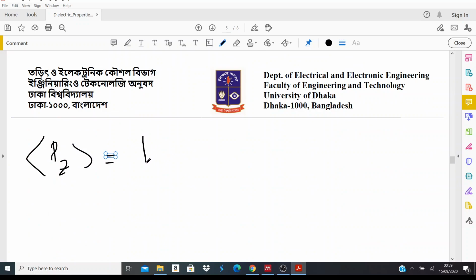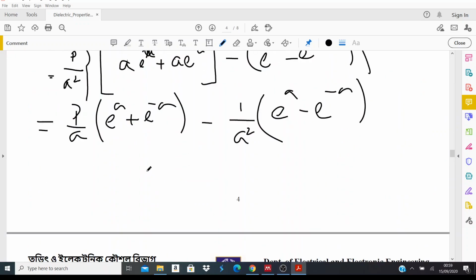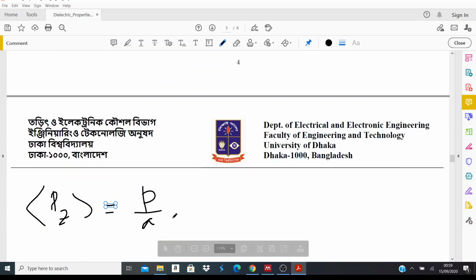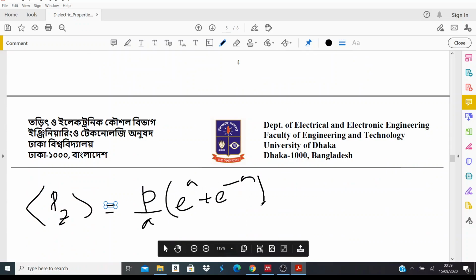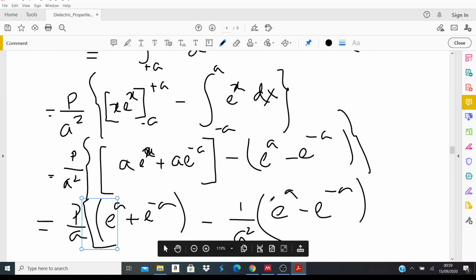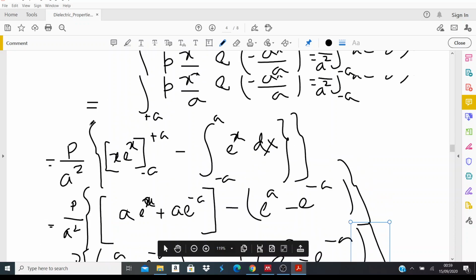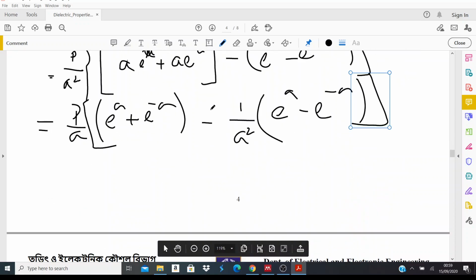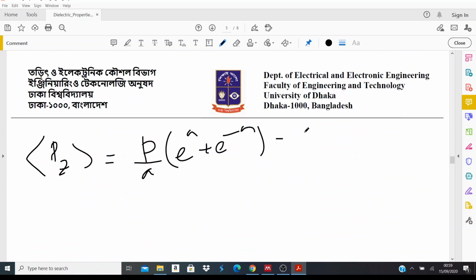So on the numerator we have this expression, right? P by a times e to the power a plus e to the power minus a, minus, and this p will be with all of these terms, so this is a common term. So then we have p times e to the power a minus e to the power minus a by a square, right?